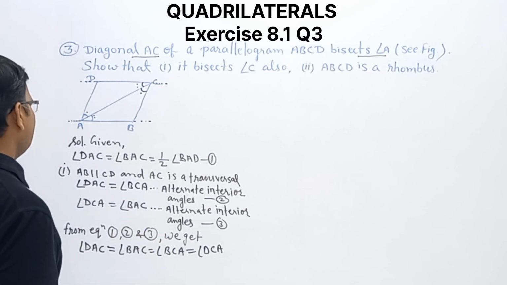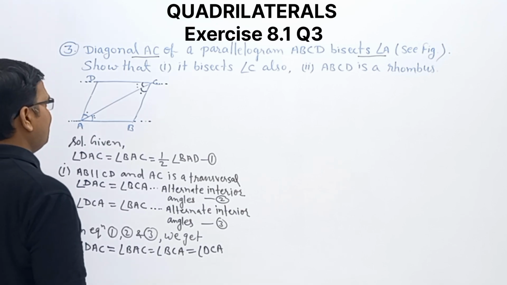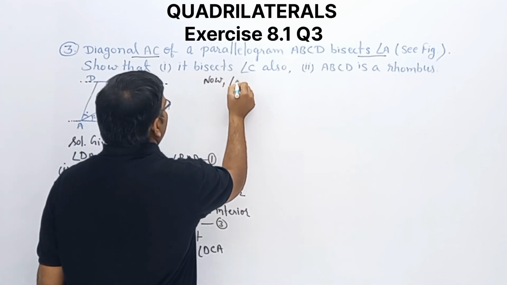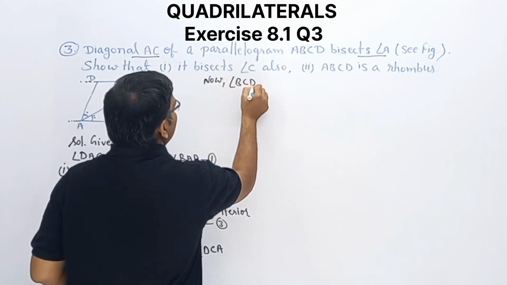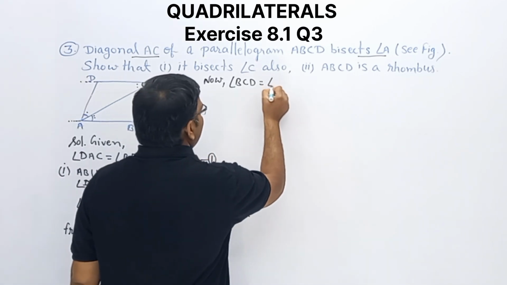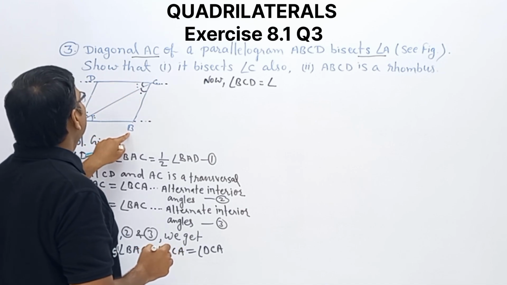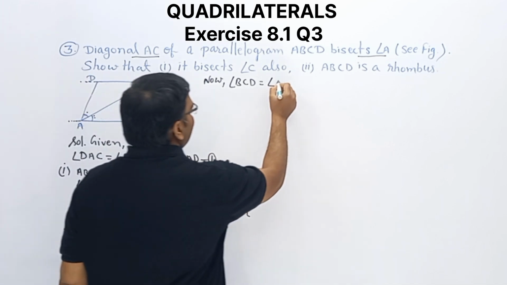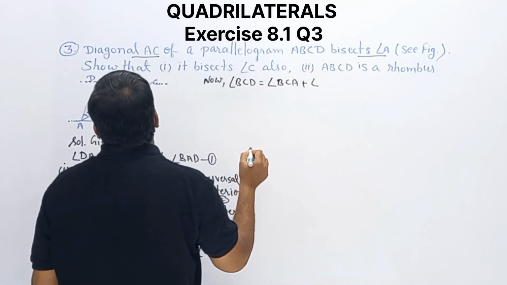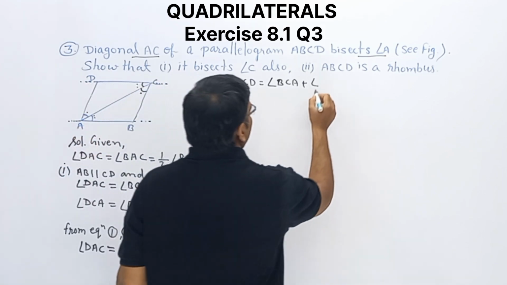So we can say angle BCD can be written as angle BCA plus angle DCA.